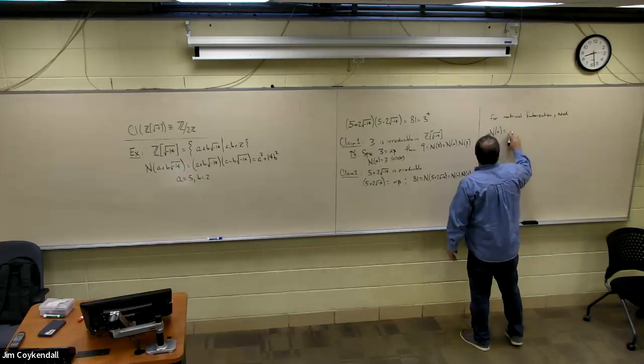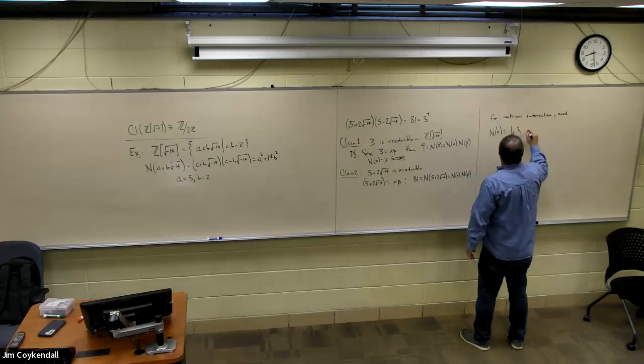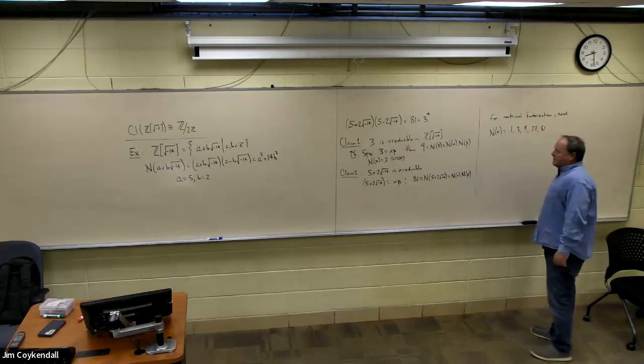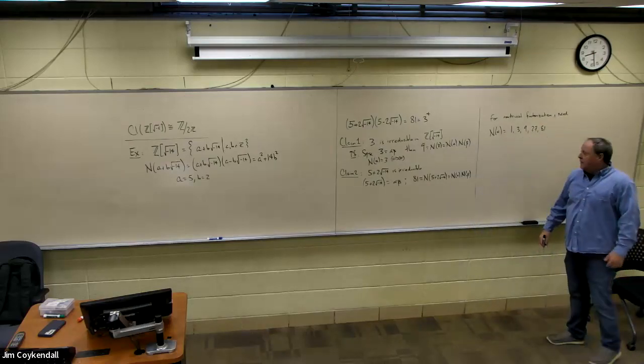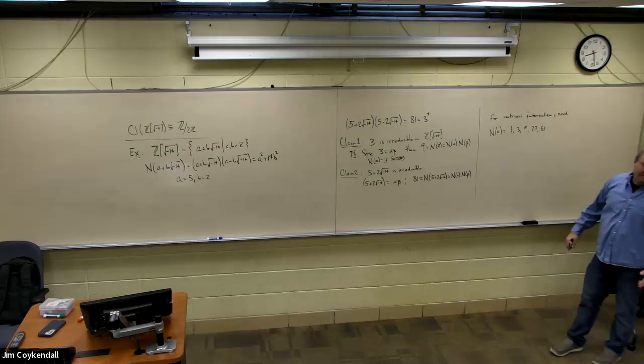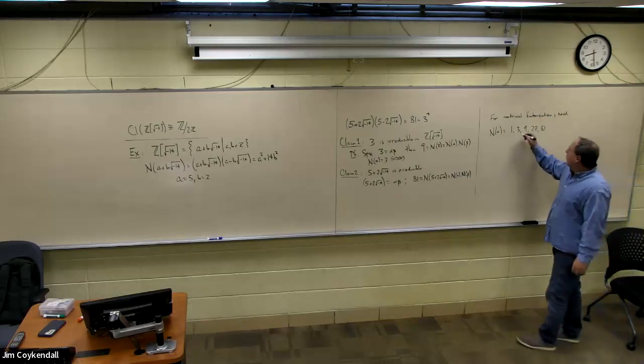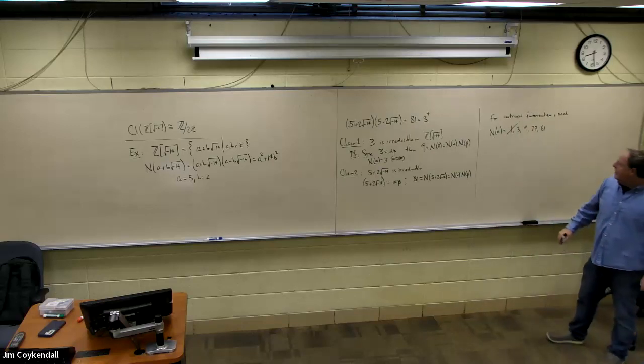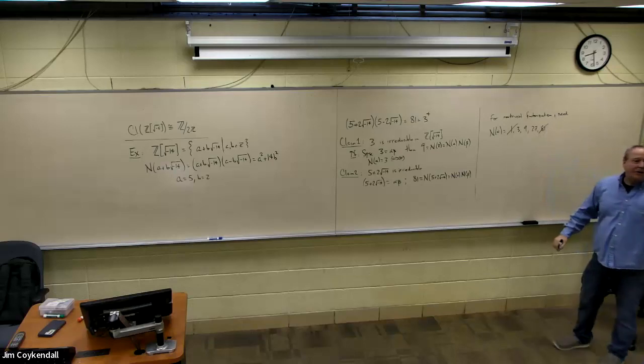Well, actually, let me list all the values that it can take on. The norm of alpha has to divide 81, so it's got to be a power of 3, right? 1, we could throw that out because that would mean it's a unit. And 81, we could throw out because that means the other one's a unit.